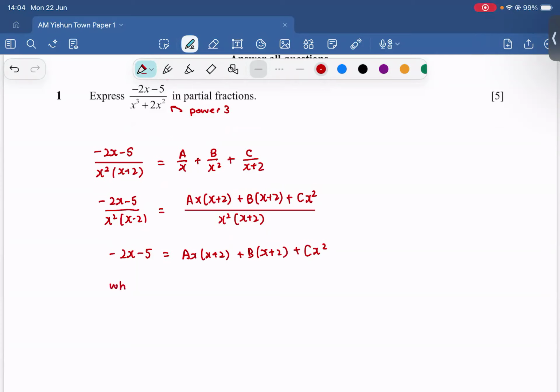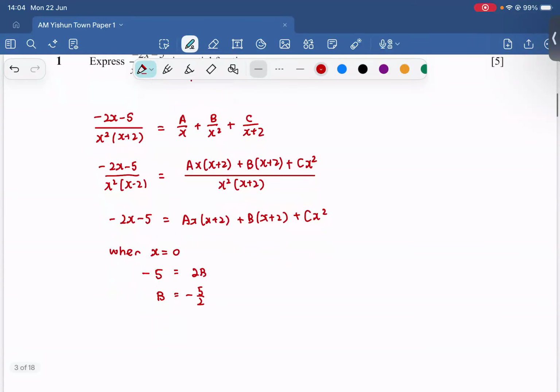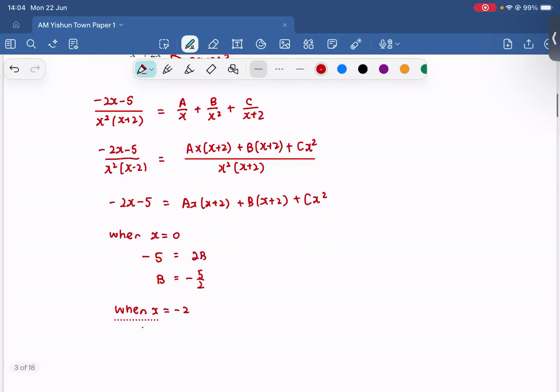Okay, now our objective is to find a, b, c. So when x equals 0, this will allow us to find our b. Okay, after that, when x is negative 2, so minus 1 equals 4c.